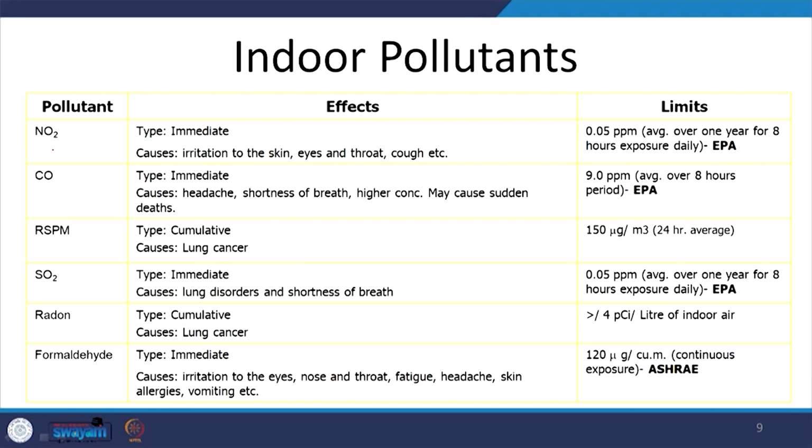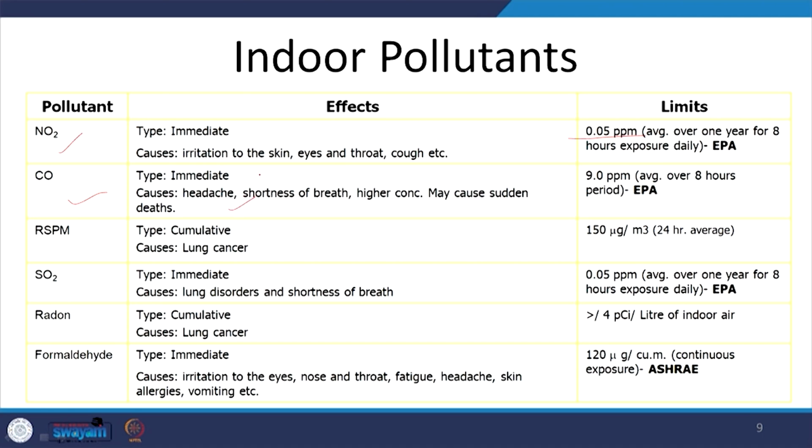So, we have nitrogen dioxide, NO2, which causes irritation to skin, eyes and throat, coughing, etc., and has a limit of 0.05 parts per million. We have carbon monoxide. It causes headache and shortage of breath, and at higher concentration may also cause sudden deaths.